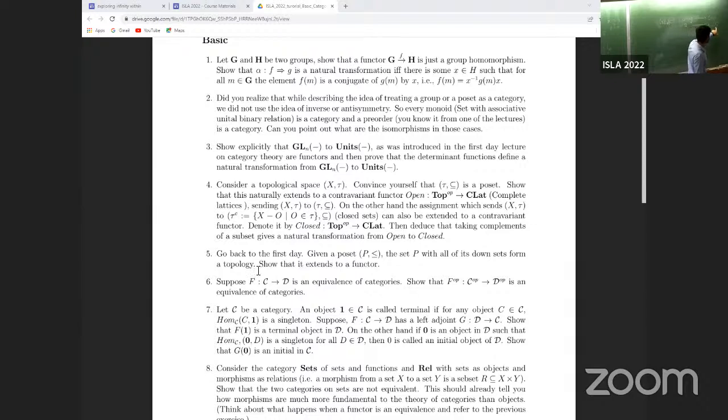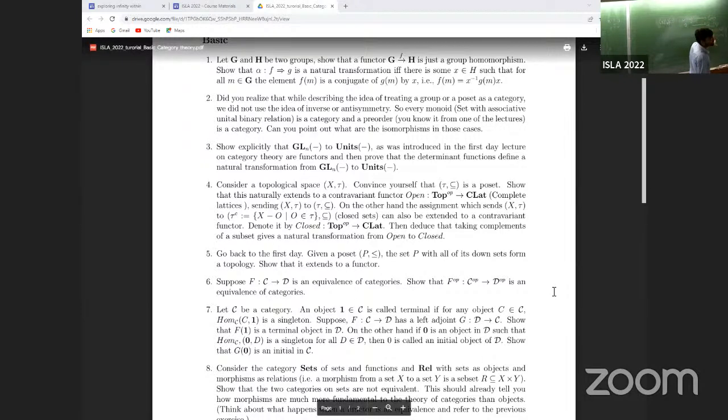For that, you need to give assignments on the morphism level. On one hand, you have the category of posets where morphisms are order preserving maps. So you want to send it to the corresponding topology. So it's a functor from posets to topological spaces. Okay. Now try.